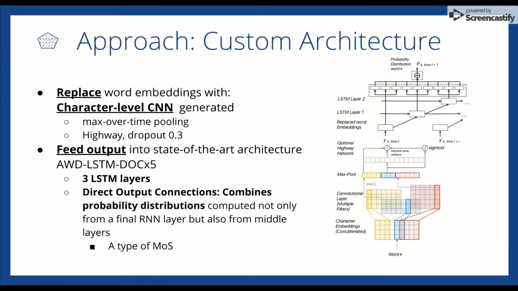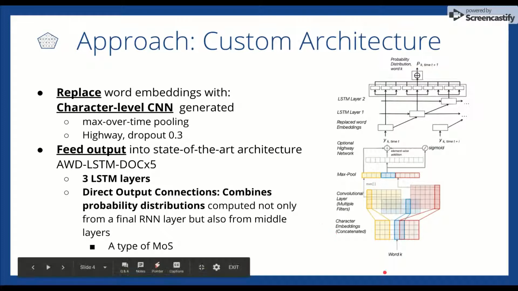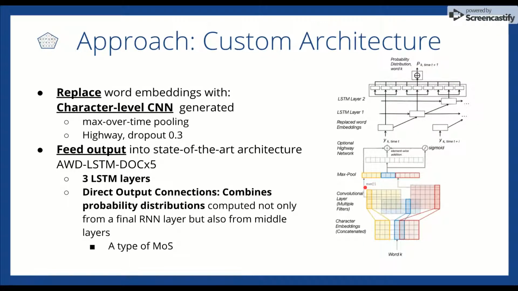So on the right, you notice that we feed character-level inputs into the convolutional layer, max-fold over time, finally connected to a highway network, and these would output the word-level embeddings we now feed into our state-of-the-art language model, AWD LSTM DOC times 5.